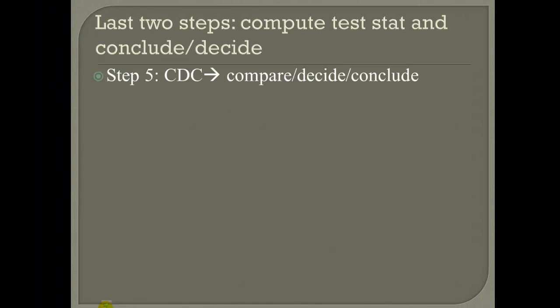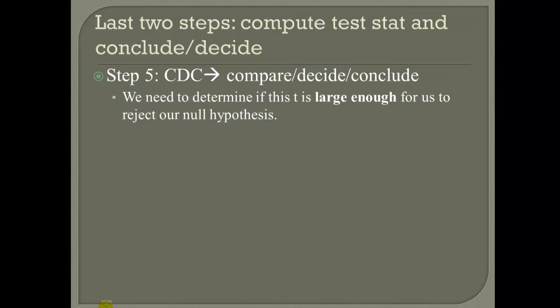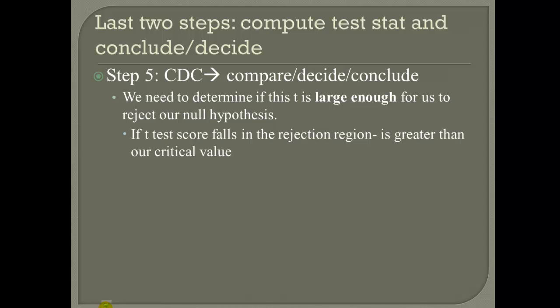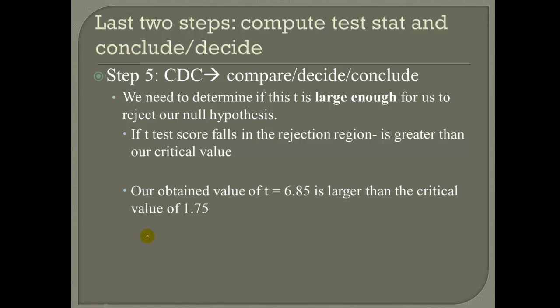Now our final step: we need to compare, decide, and conclude, and basically see if our t-value is large enough for us to reject our null hypothesis. It's large enough if it's bigger than the critical value that we got in step 3. We got a t-test statistic value of 6.85.